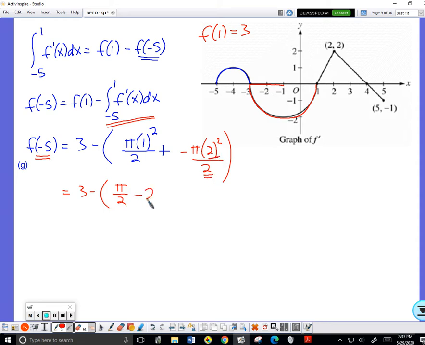So that's minus 2 pi. But distributing the negative, you get this. 3 minus pi over 2 plus 2 pi. So that's positive, that's not very negative. Therefore, this is definitely bigger than this. You don't have to write anything about it. That's sufficient just to show that on your paper.